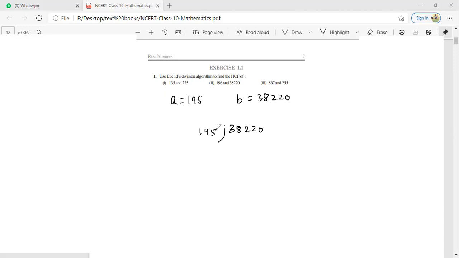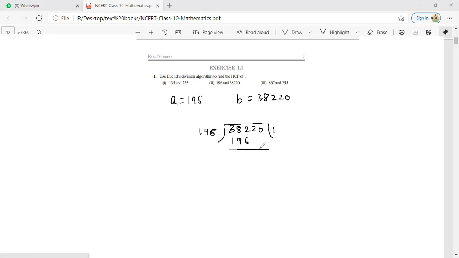But sometimes it happens that this is divisible only one time. We will do it like this: first we will divide by 1, so we get 196, but we are dividing continuously. We check whether it is divisible or not.